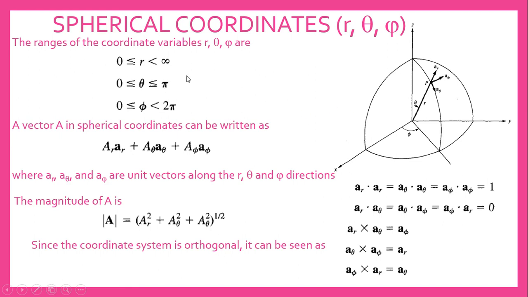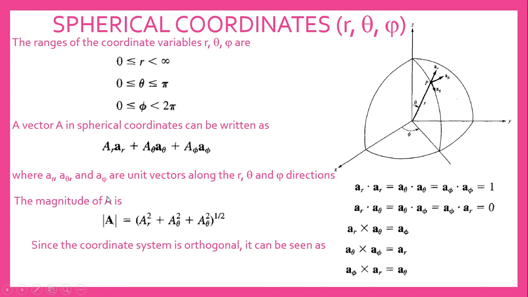So like in cylindrical and Cartesian coordinates, the vector can be written as A_r a_r plus A_theta a_theta plus A_phi a_phi. Small letters refer to the unit vectors along the r, theta and phi directions.